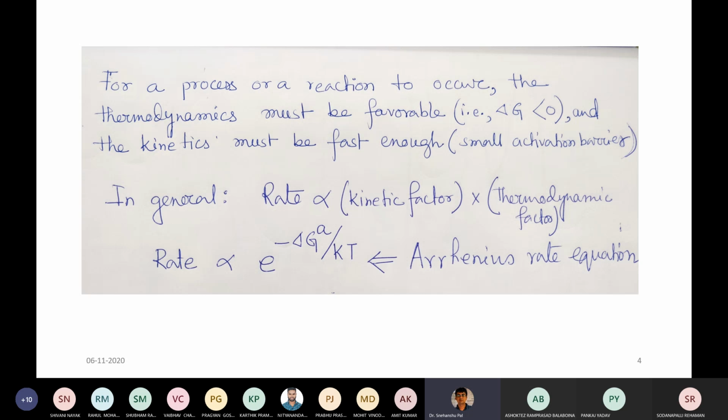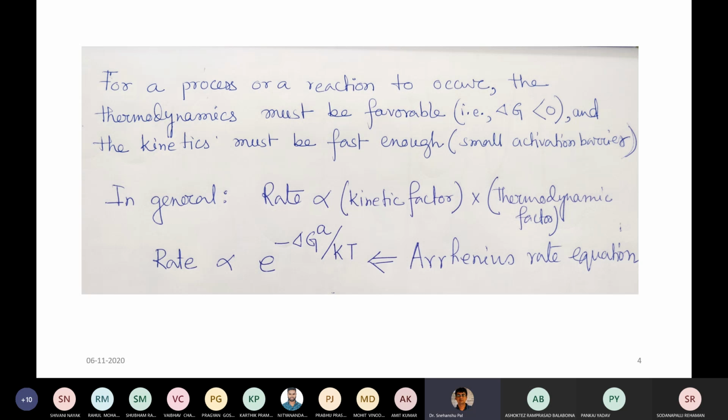Because of this, the reactants want to be converted into the product. So this is the thermodynamic criterion, and it is related to the driving force. There is a strong desire of the reactants to be converted into the products, and that desire is represented by the driving force, that is del G.